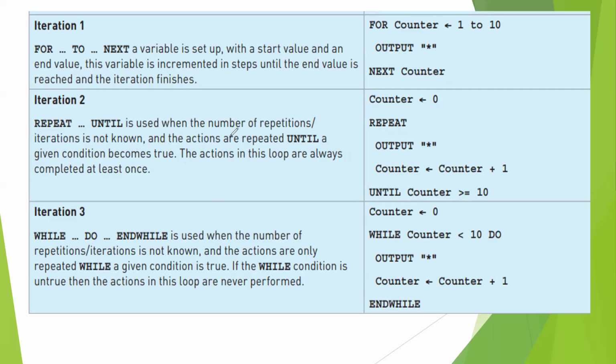REPEAT UNTIL is used when the number of repetitions or iterations is not known, and the actions are repeated until a given condition becomes true. The actions in this loop are always completed at least once. Here you can see counter initial value 0, repeat, and output static. Counter equal to counter plus 1, until counter greater than 10.